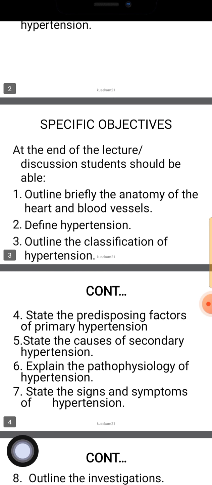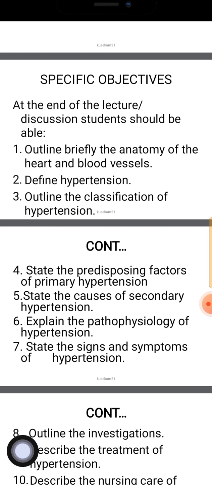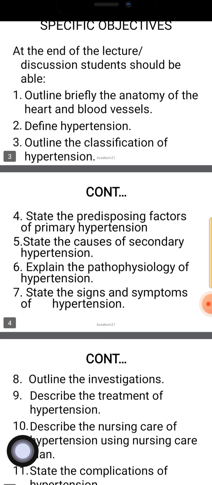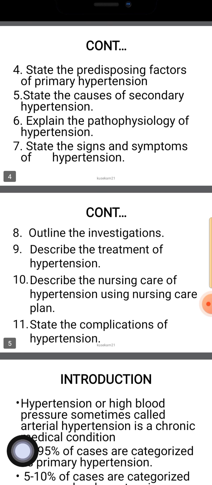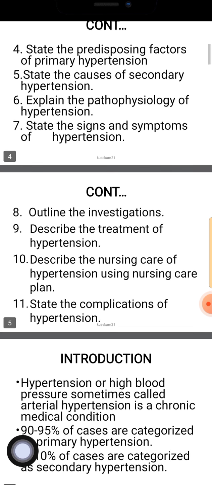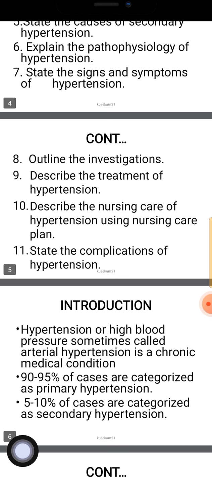Then the specific objectives: you should be able to outline briefly the anatomy of the heart and blood vessels, define hypertension, outline the classification of hypertension, state the predisposing factors of primary hypertension, state the causes of secondary hypertension, explain the pathophysiology of hypertension, state the signs and symptoms of hypertension, and there are many other specific objectives.